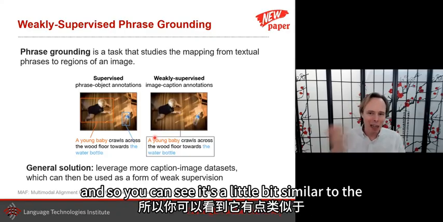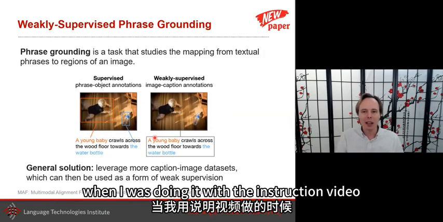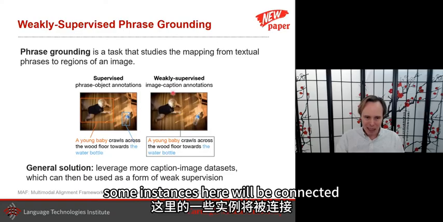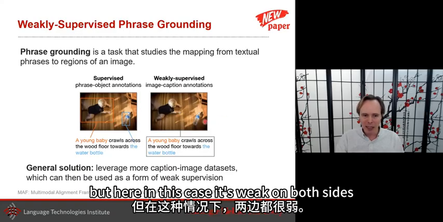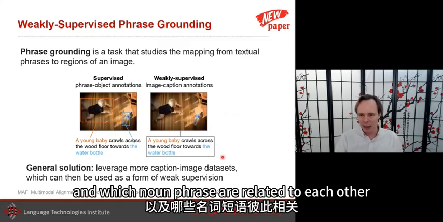You can see it's a little bit similar to the co-learning case that I showed you when I was doing it with the instruction video. Some instances here will be connected, but in this case, it's weak on both sides. I don't tell you which object; there are just a bunch of objects, and which noun phrases are related to each other.